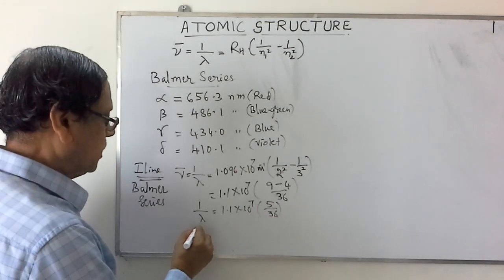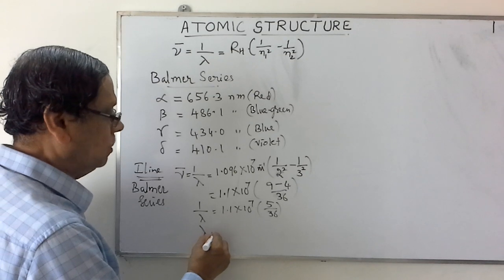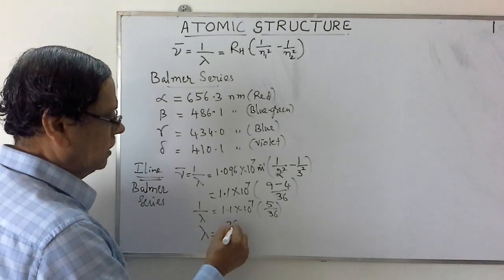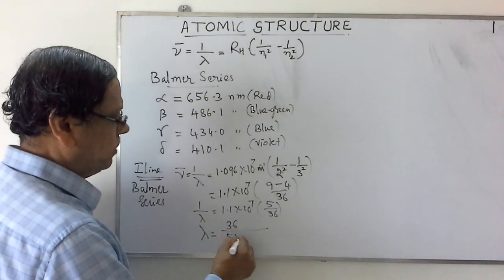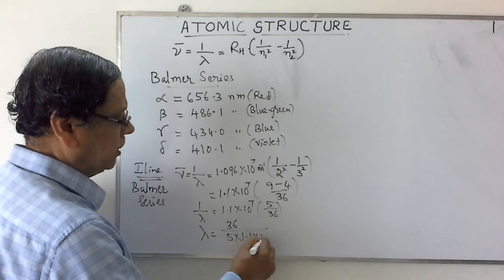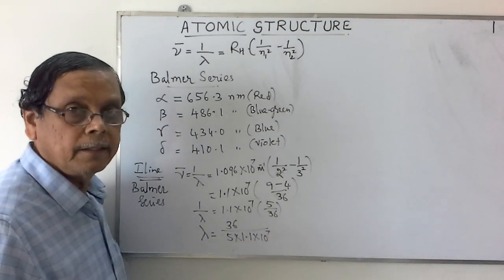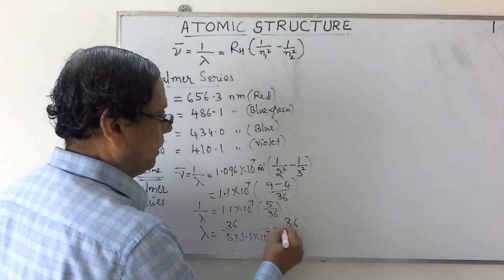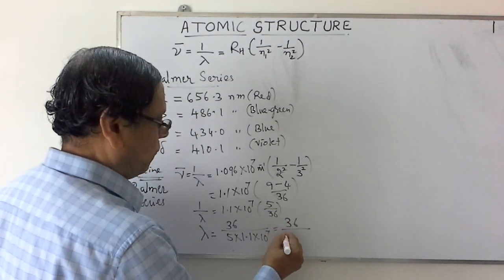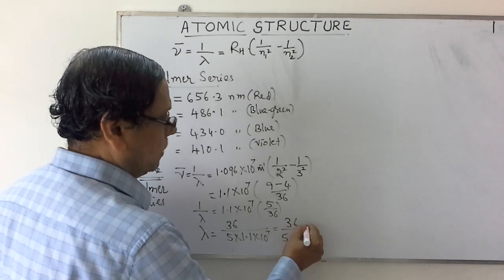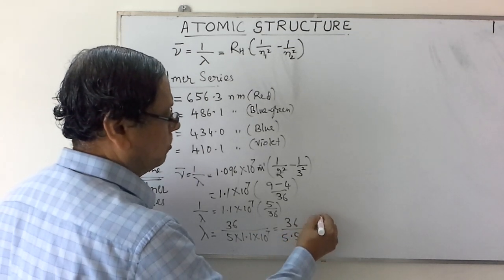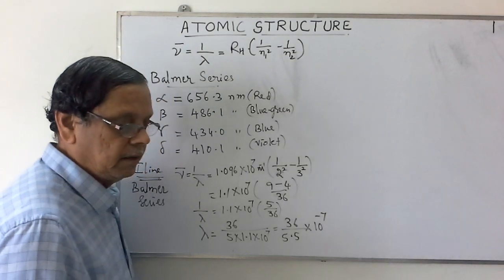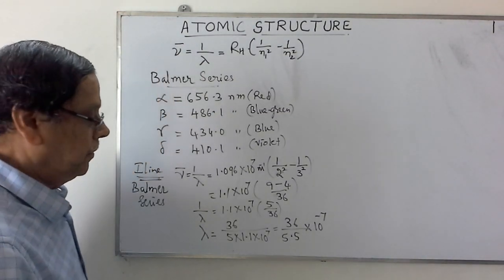Now if you take the reciprocal of this one, lambda is equal to 36 divided by 5 into 1.1 into 10 power 7. So this comes out to be 36 divided by 5.5, and I am bringing the power to the numerator as 10 to the power minus 7.